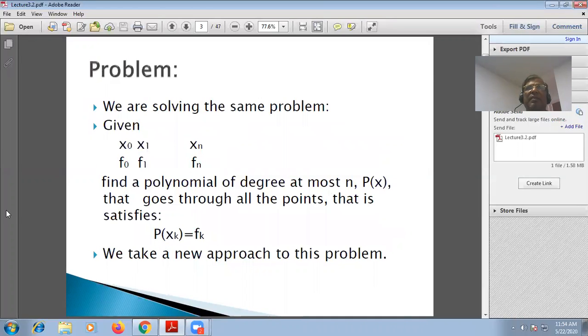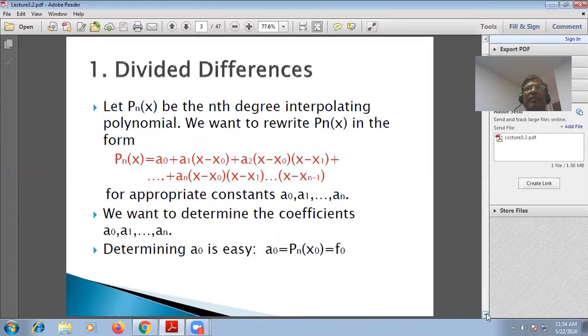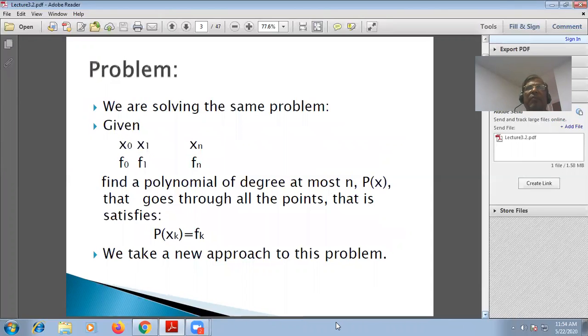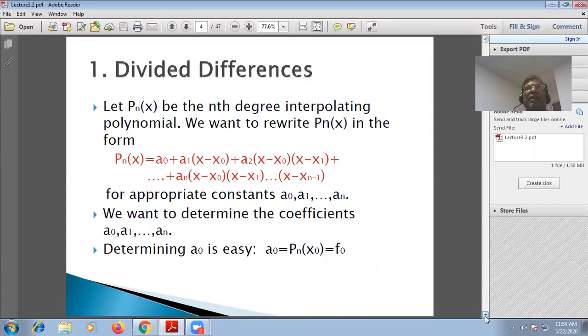For this, we take a new approach to this problem, the one Newton took: divided differences. Let Pn(x) be the nth degree interpolating polynomial.